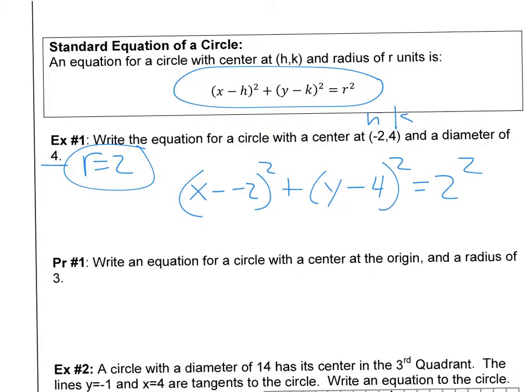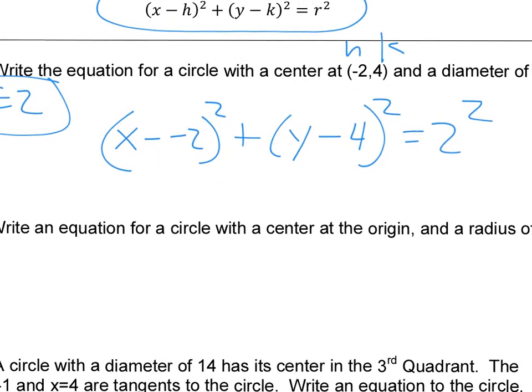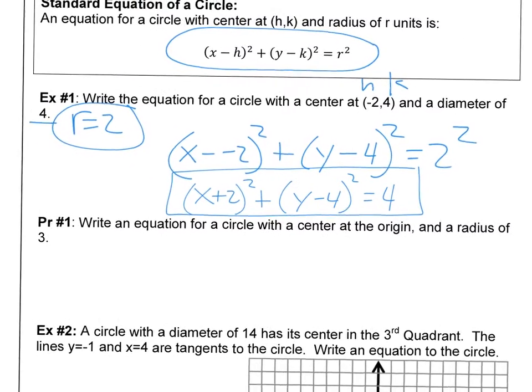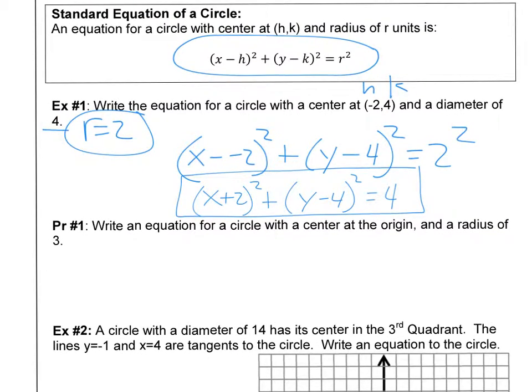All right, and we're going to simplify this a little bit in that instead of writing x minus -2, couldn't we write (x plus 2) squared plus (y minus 4) squared equals 4? That's it. We're done. We have written the equation of the circle. That's all they want you to do here. A little thing to remember is if this is positive, since the formula is x minus and y minus, if this is positive, then the center is going to be negative, right?